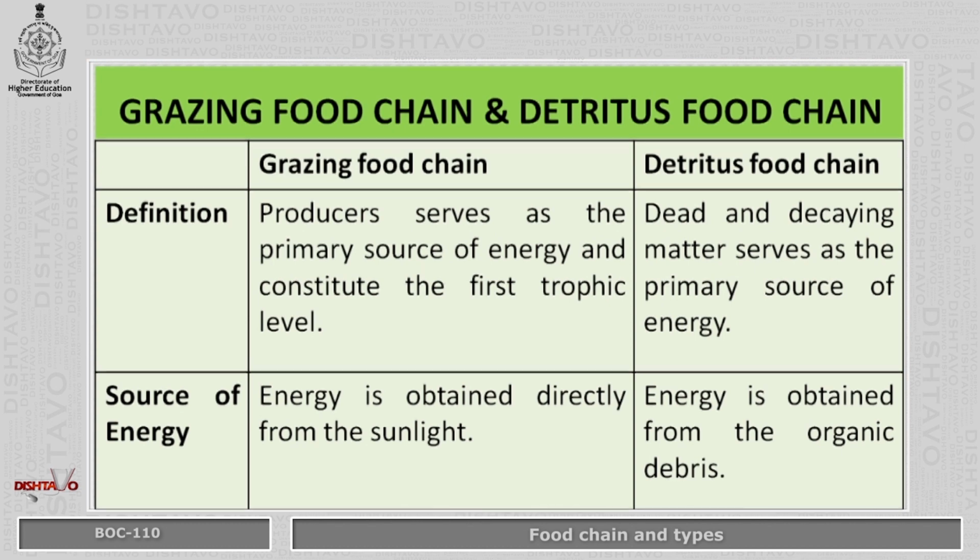Let us learn about the difference between grazing food chain and detritus food chain. The producer serves as the primary source of energy in grazing food chain, whereas in detritus food chain, dead and decaying matter serves as the primary source of energy. Source of energy: the energy in grazing food chain is obtained directly from sunlight, whereas in detritus food chain, the energy is obtained from organic debris.